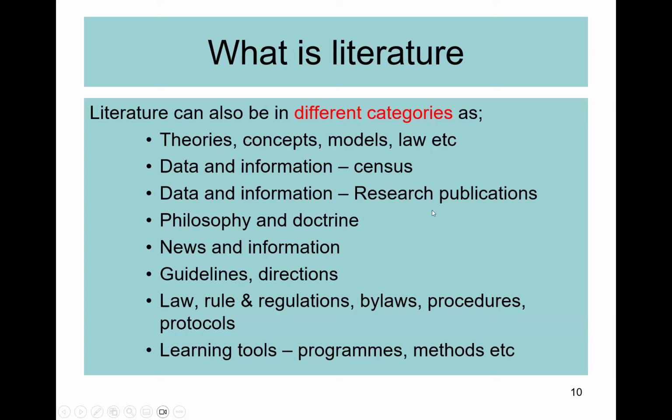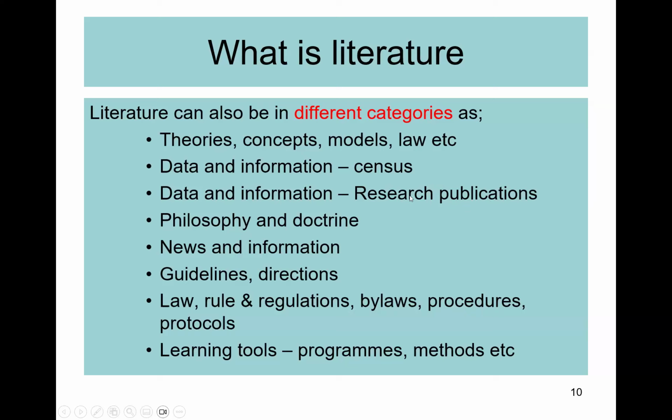And data and information based on research publications. Institutions like universities, research centers, and research and development divisions of companies, government or private or public organizations may have research publications.